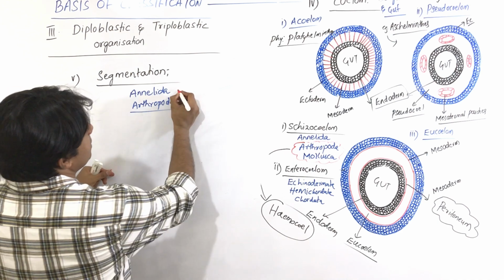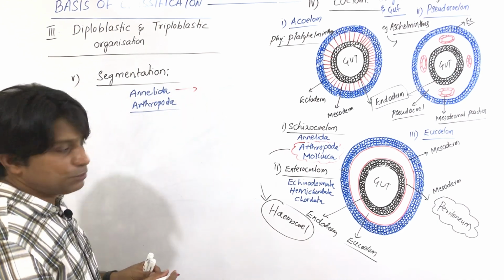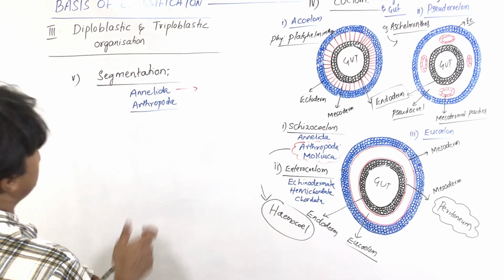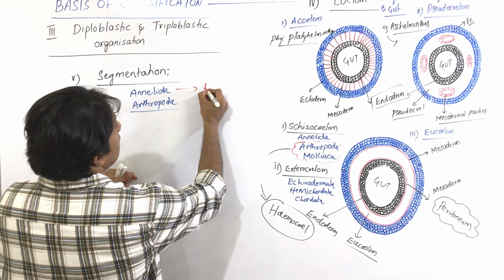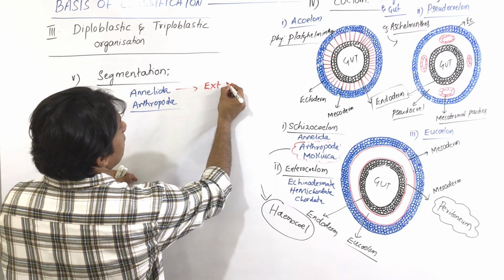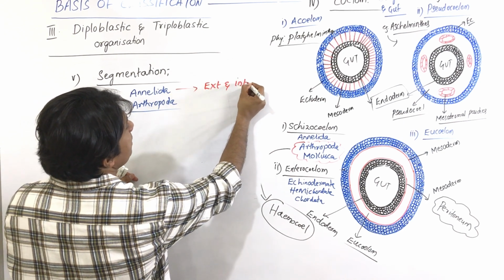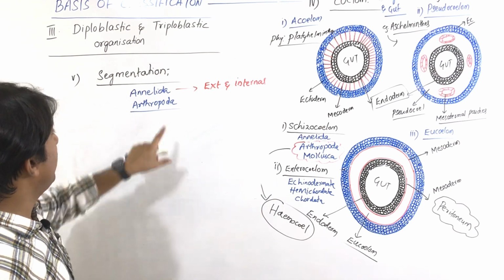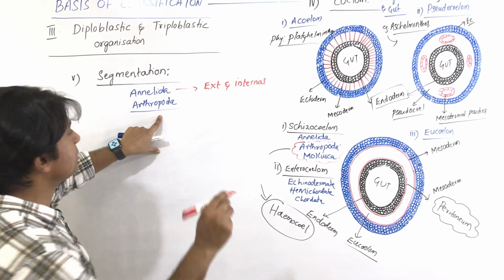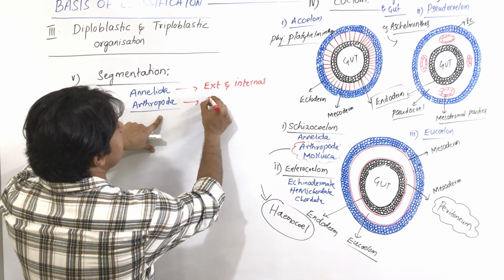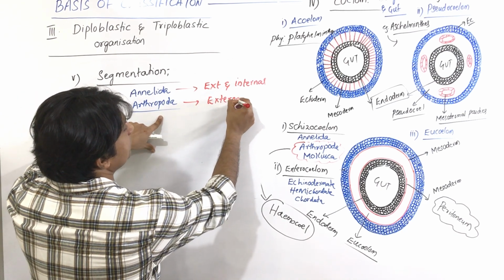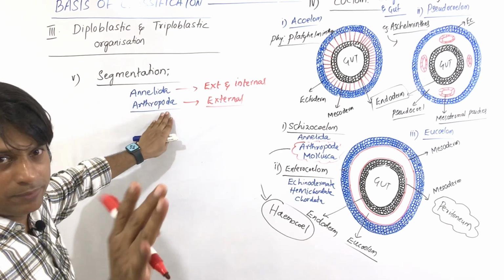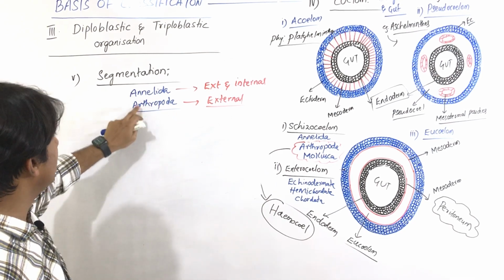In annelids, segmentation is both external as well as internal. Whereas in arthropods, segmentation is only external. Remember these things. The phyla which are segmented are annelids and arthropods.